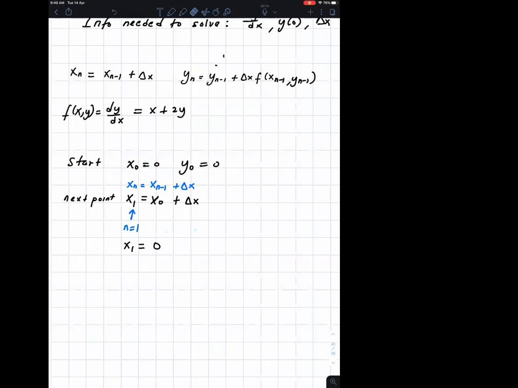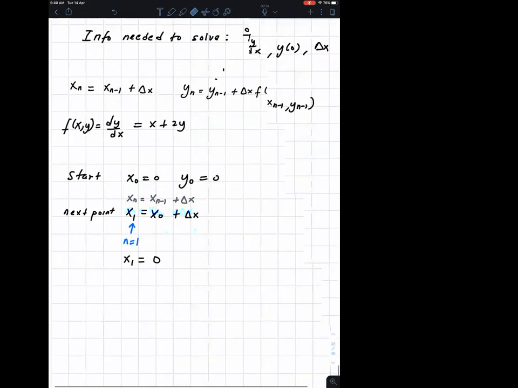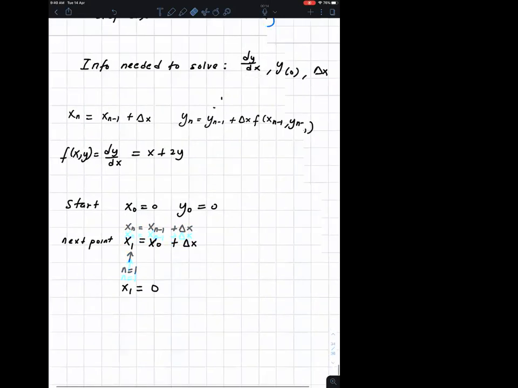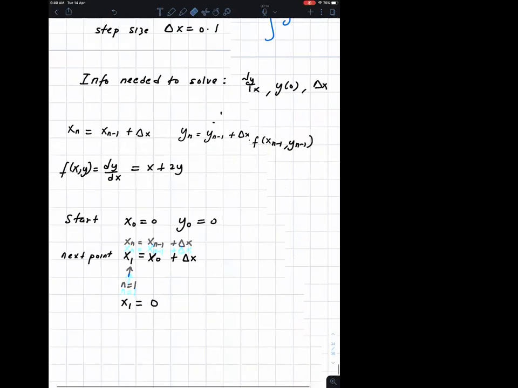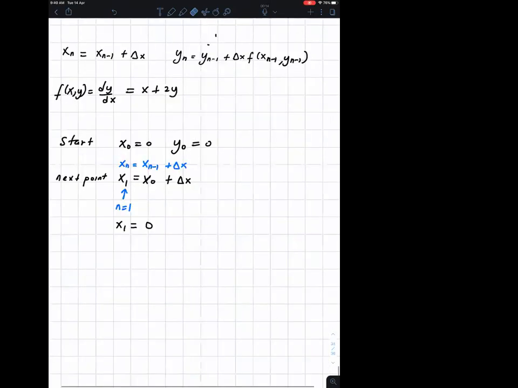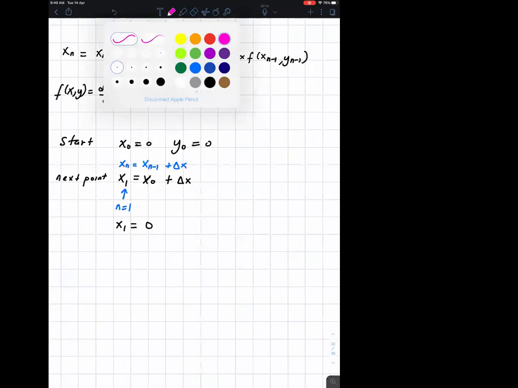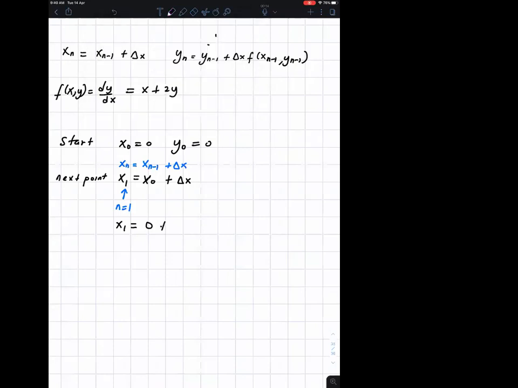Follow? Then what is delta x? Delta x is given here, right? 0.1. So x1 is 0 plus 0.1.